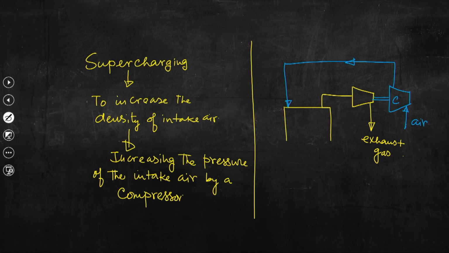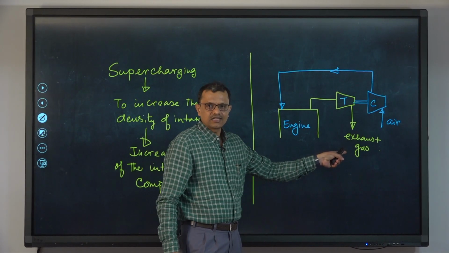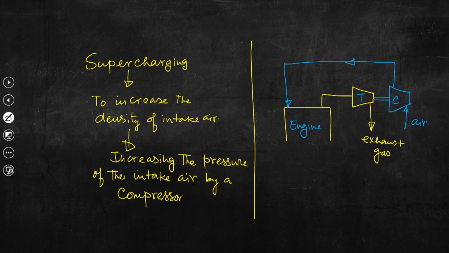So, this is the engine, this is turbine T, and then this is compressor. So, the idea is to use exhaust gases. The exhaust gases are used to run this small turbine, and the compressor is connected to the shaft of this turbine.